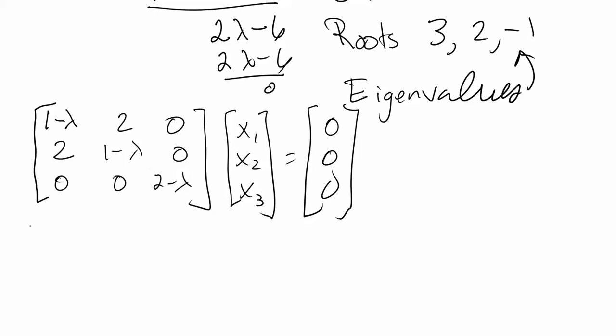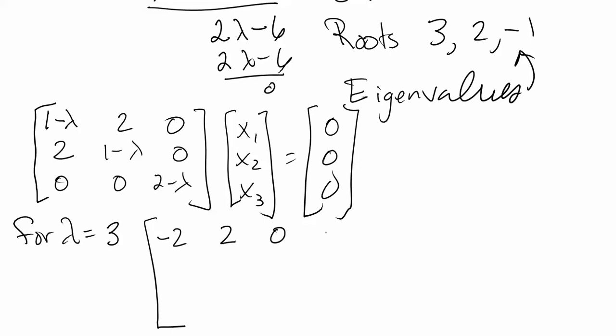Now, for the first case, for lambda equals 3, our first eigenvalue, that gives us a system of equations if I write them in the augmented matrix form of minus 2, 2, 0, 0, 2, minus 2, 0, 0, 0, 0, 2 minus 3 is minus 1, 0.